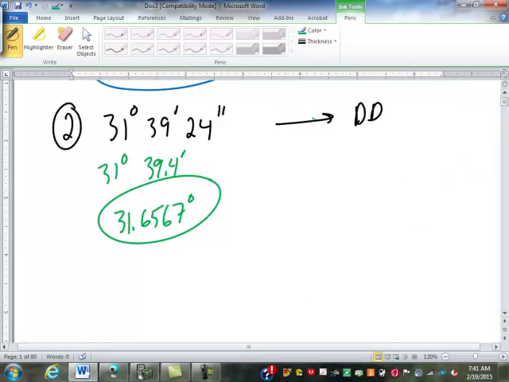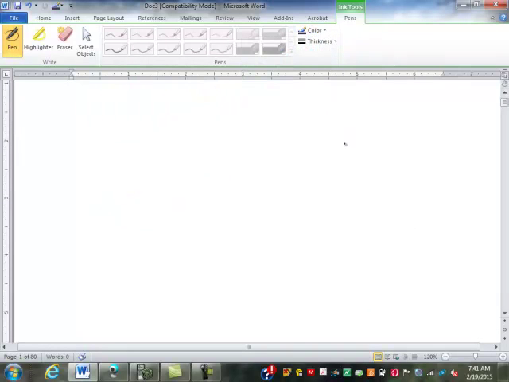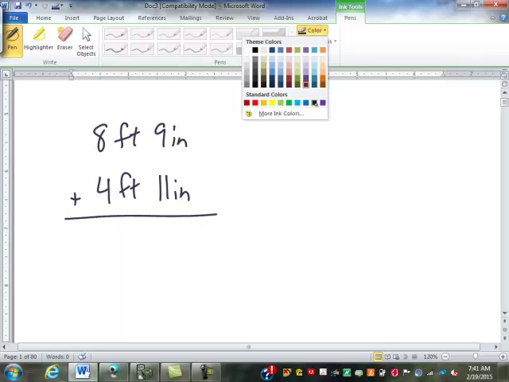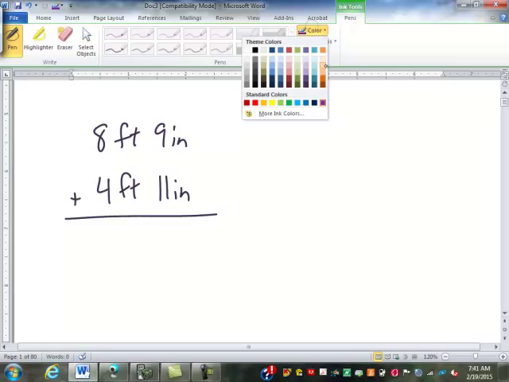A little bit of a review from when we did measurement operations. If I have 8 feet 9 inches plus 4 feet 11 inches, how do I add this? We can start on the right and work our way back to the left, just like any whole numbers.